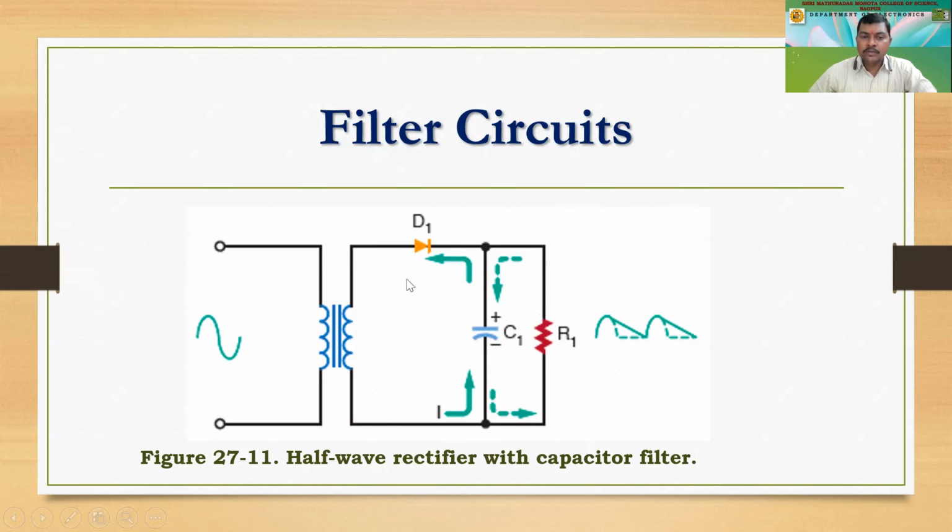But during the negative half cycle, the diode is supposed to be reverse biased and it is as good as an open switch, so it won't conduct. And due to this, what happens? The capacitor will start discharging, and the capacitor is supposed to give you the output across this load resistance RL.